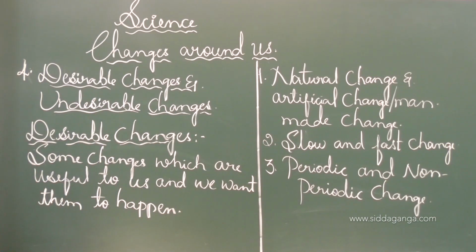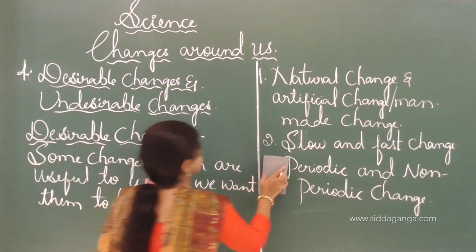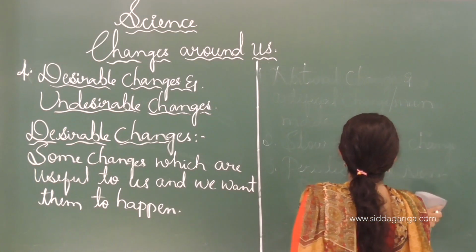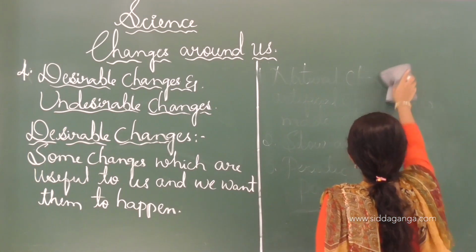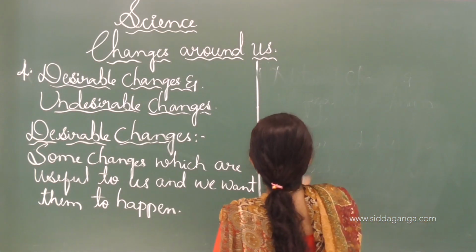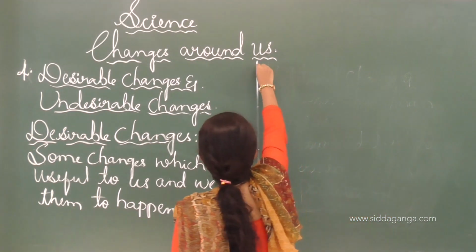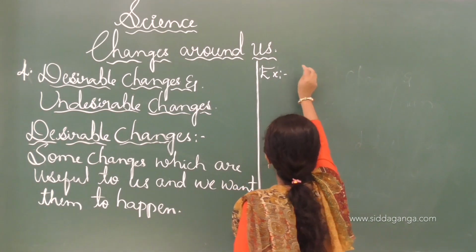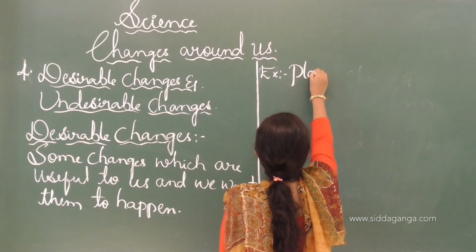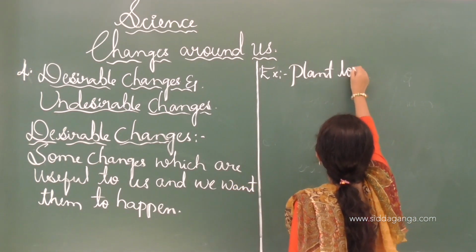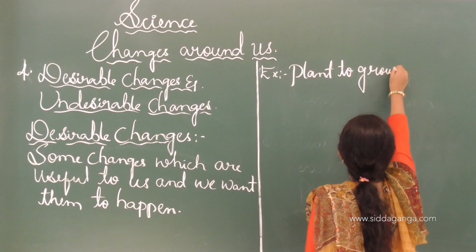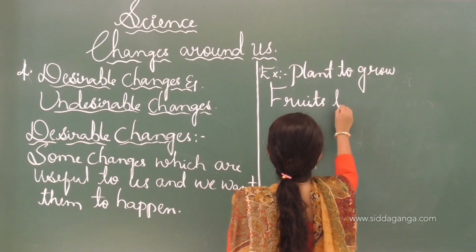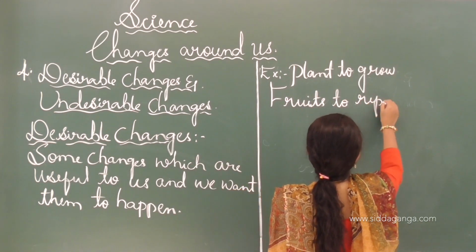Examples of desirable change: plants to grow, fruits to ripen.